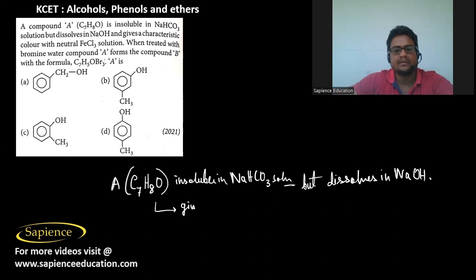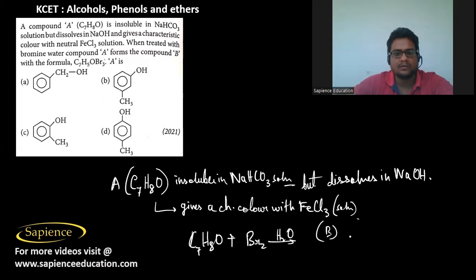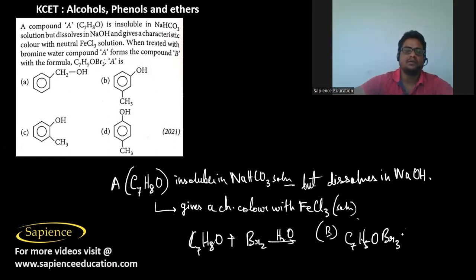When treated with bromine water, it forms the compound B with the molecular formula C7H5OBr3. Then the compound A is.